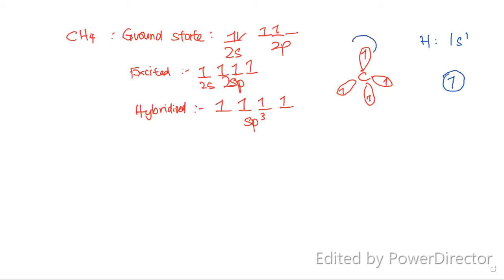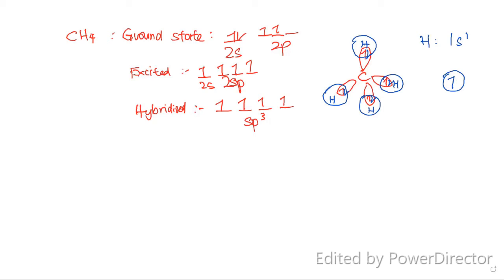So hydrogen comes and overlaps to form a covalent bond. Each hydrogen comes and overlaps to form a covalent bond. This is how we initially learned the valence bond theory, and that is how we learned previously.